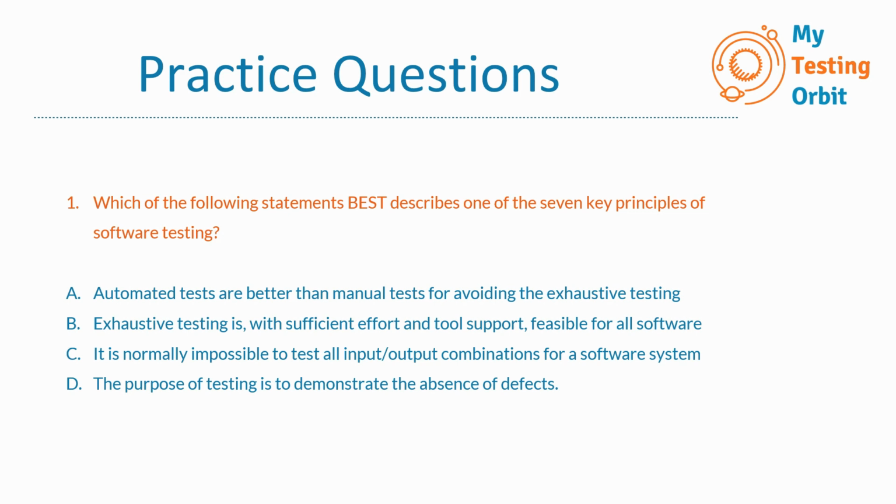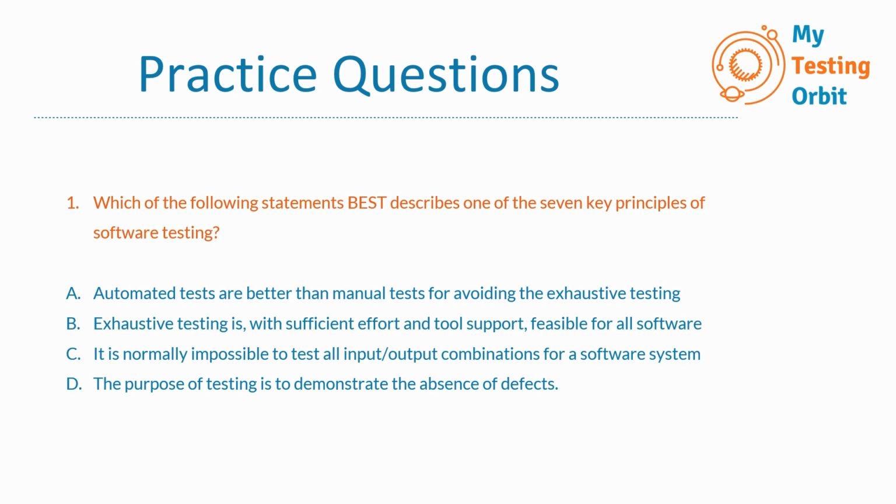B, exhaustive testing is feasible for all software with sufficient effort and tool support. That's incorrect as well, because what we studied is that exhaustive testing is impossible, it's not feasible. C, it is normally impossible to test all input-output combinations for a software system, which is correct. We can't test all the input and output combinations. So C is a correct answer.